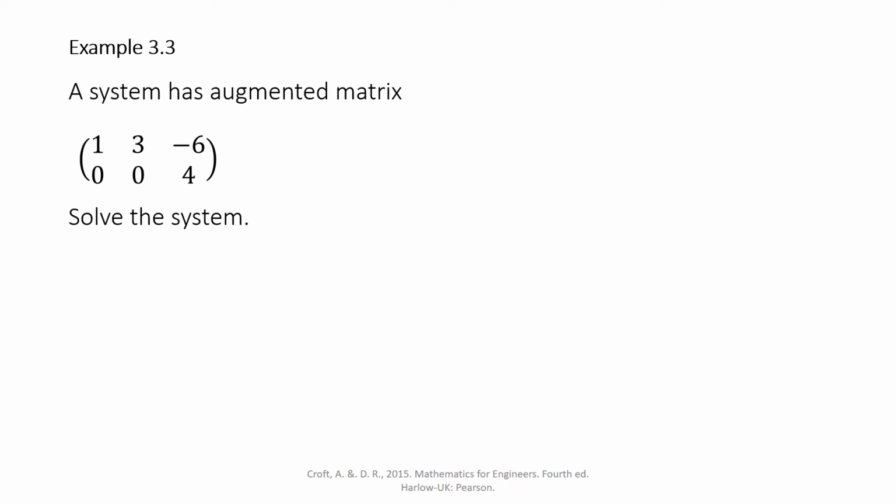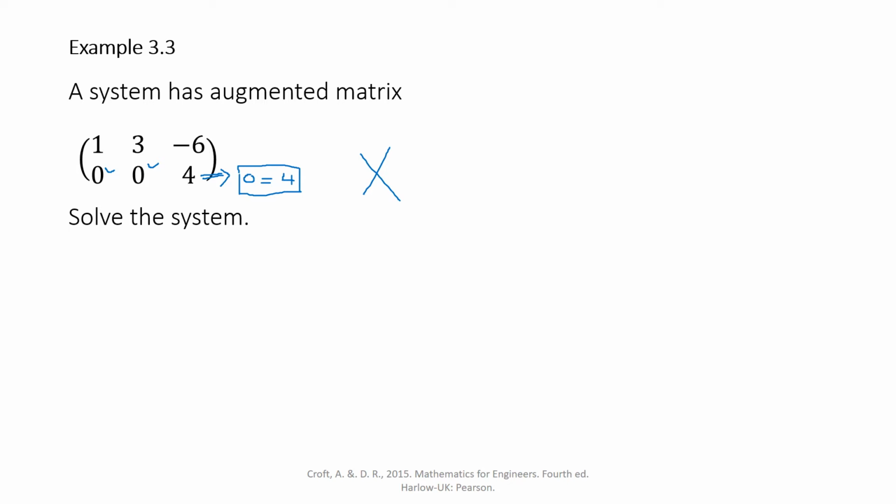In the next example, if we look at row 2, x is 0, y is 0, so the whole left side is 0, equal to 4, and this does not make sense. How can 0 be equal to 4? So we say that this does not have a solution.